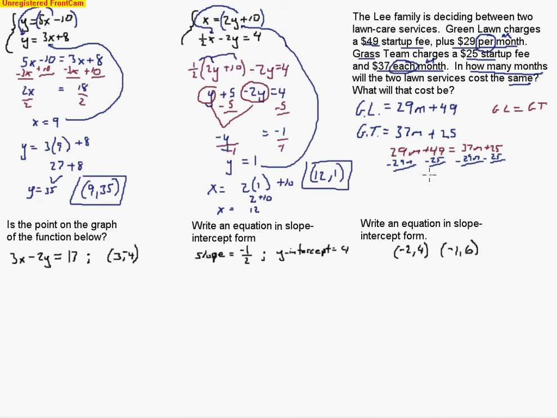I end up with 24 equals, looks like an 8m. And 8 plus that 29 gives me 37, so that does end up working out. So I go ahead and now do the division. Divide by 8 on both sides, that gives me 3 months. So after 3 months, they'll charge the same.